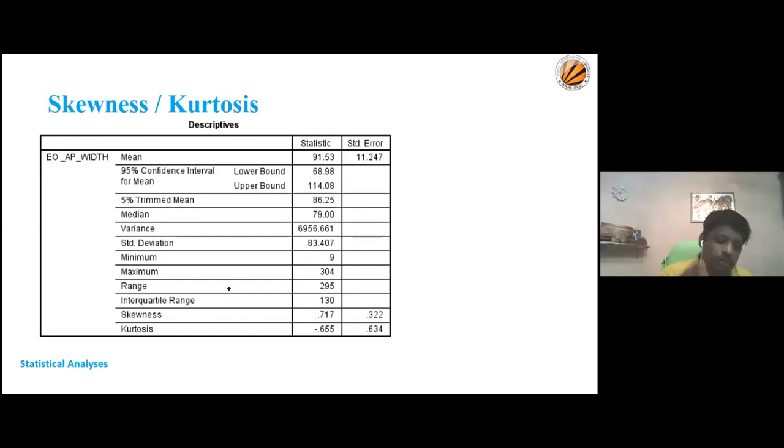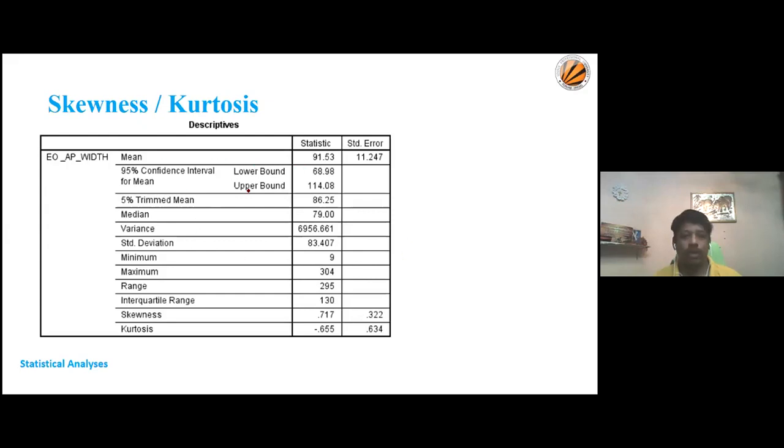you do your normality testing with Explore Data. If anyone has doubts, you can find a lot of videos on this on YouTube. So when you do this normality testing, the first thing you get is the descriptive table, right? I made one for the anteroposterior width in the foot balance assessments.